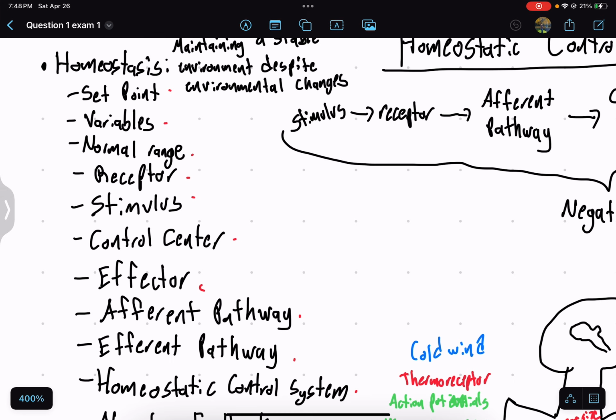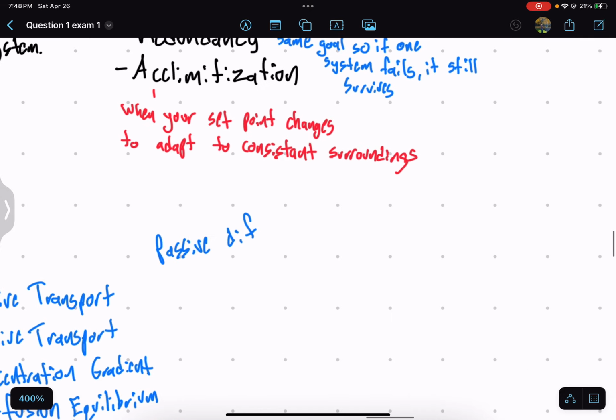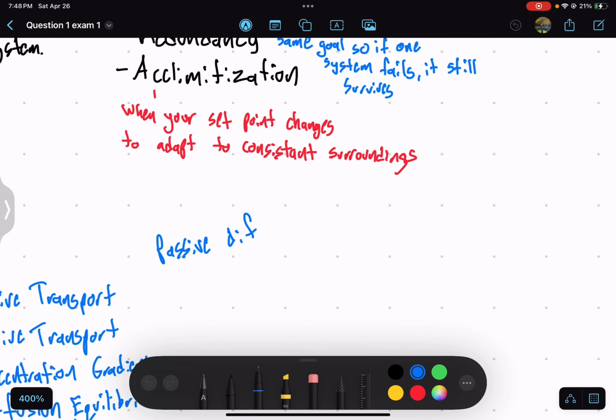Passive diffusion is when it uses a concentration gradient to move something from a high to a low area of concentration. Concentration gradient is the amount of solutes from one area compared to another.